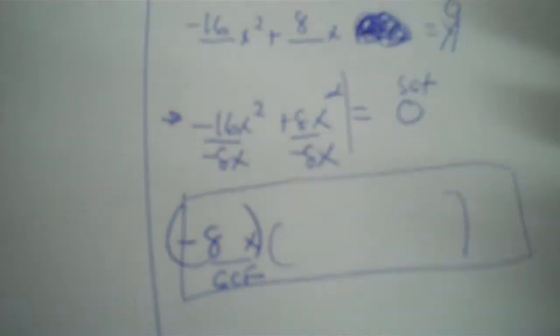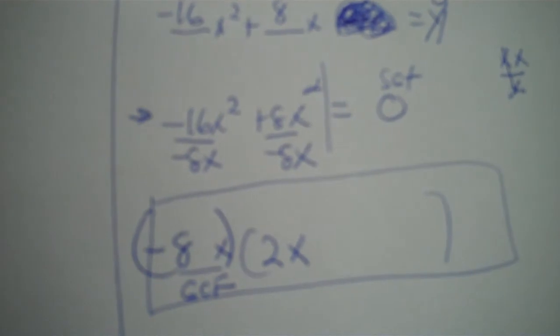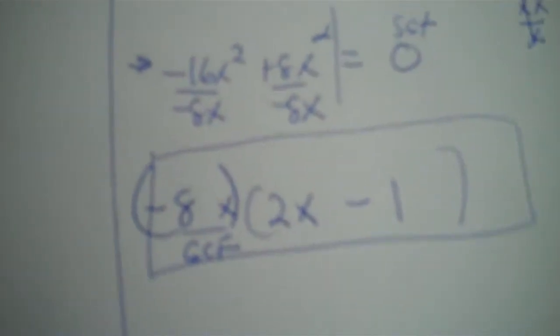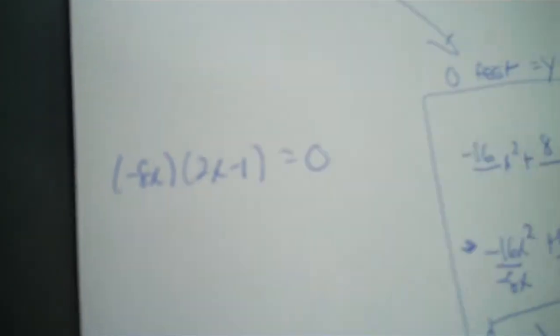So -16 divided by -8 is 2. X second divided by x, that's x. 8 divided by -8 is -1. And then x divided by x cancels. So we've got -8x, and then 2x minus 1 equals 0.